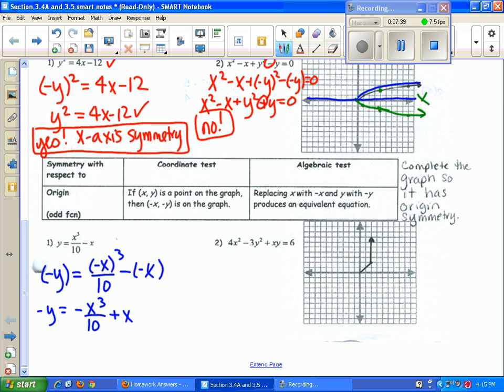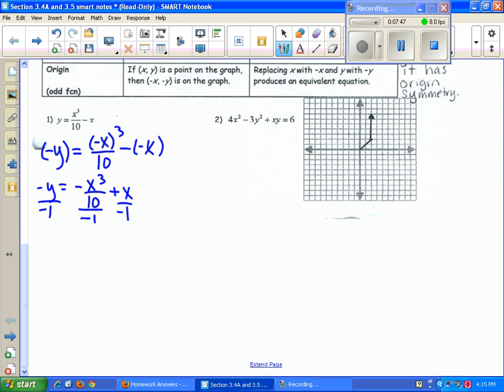Then we have to divide by negative 1, and that means we're dividing everything by negative 1, or multiplying by negative 1, which is the same thing. And then I would get y is equal to x cubed over 10, since negative over negative becomes positive, and then this becomes minus x. Is that the same as my original equation? It is. Since it's the same, that means that yes, this has origin symmetry.